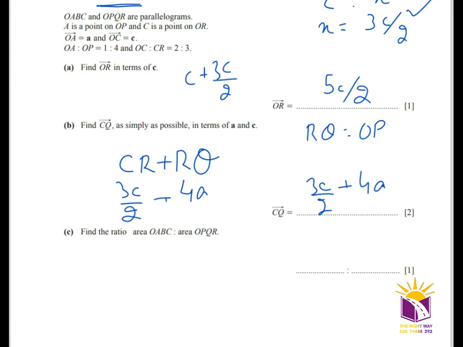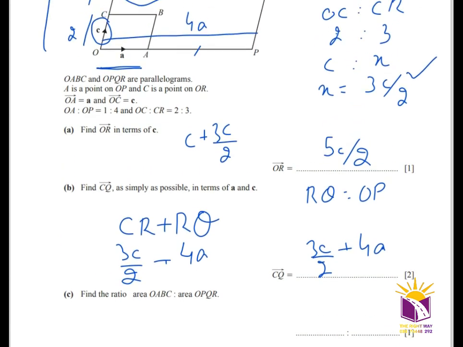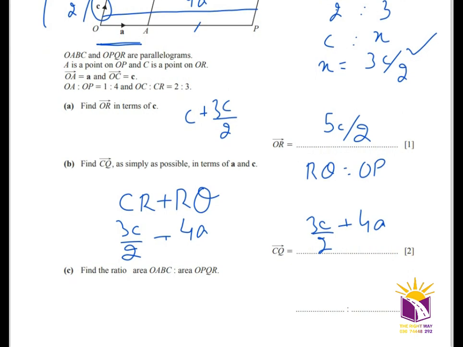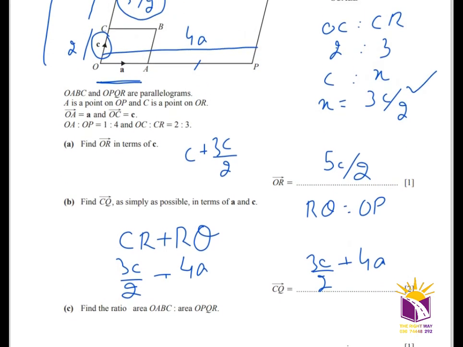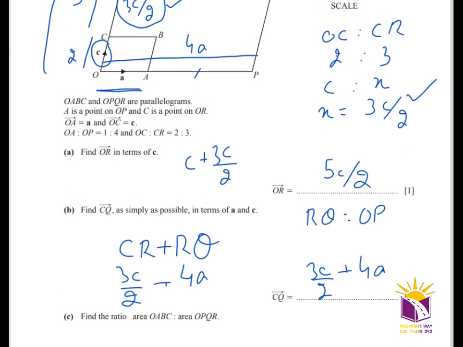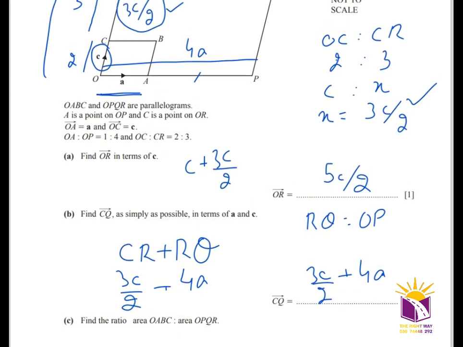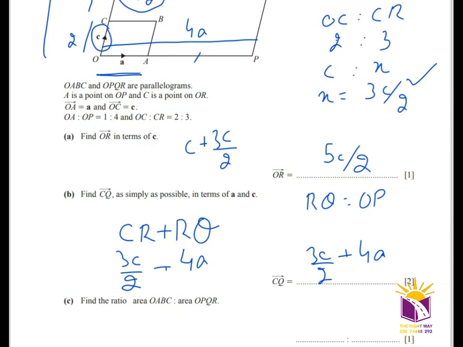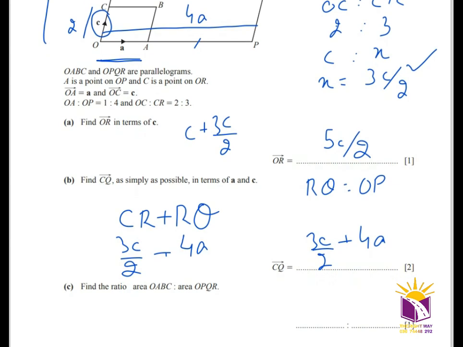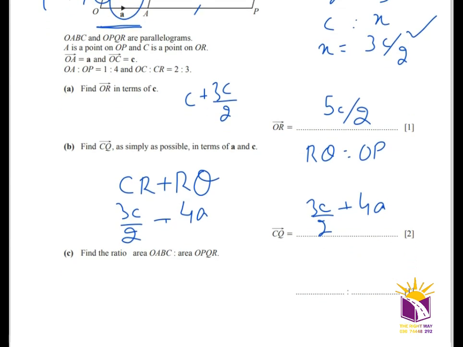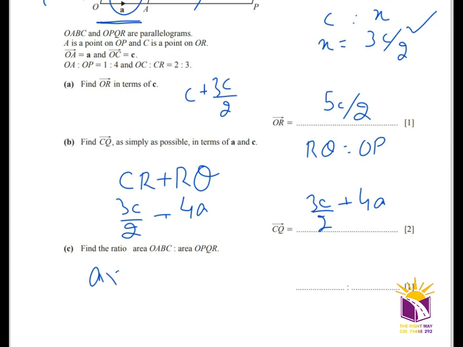Find the ratio of the area of parallelogram OABC and the area of parallelogram OPQR. For the area of OABC, it will be a multiplied by c, side multiplied by side.